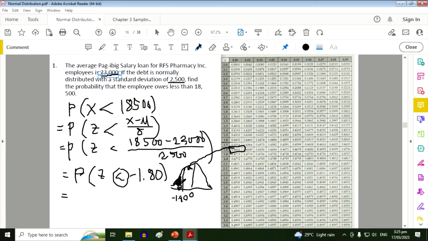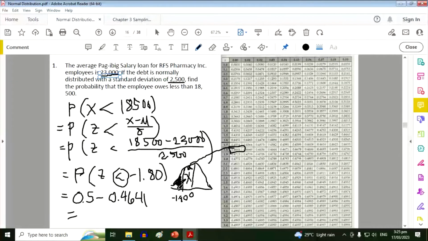So the area to the left, or the shaded region, can be solved by taking the whole area on one side, 0.5, minus this area, 0.4641, and we're left with the shaded region.